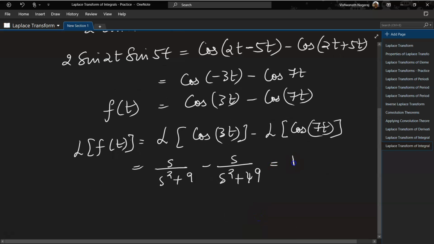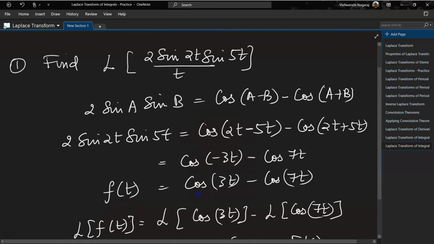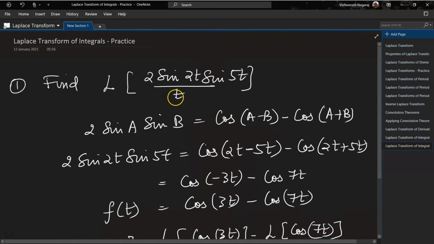So this is, let's say, capital F of s. Now we have to find the Laplace transform of f of t by t.